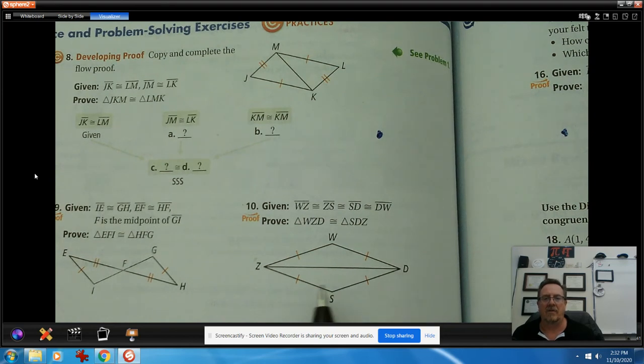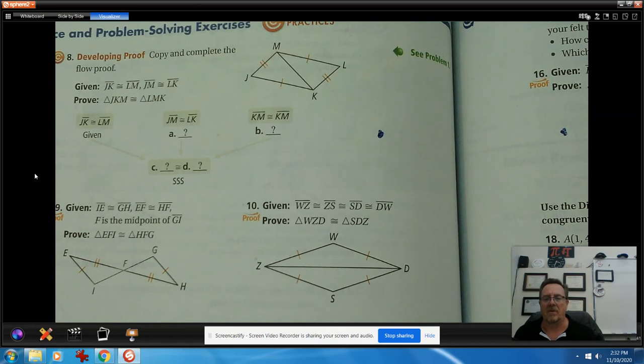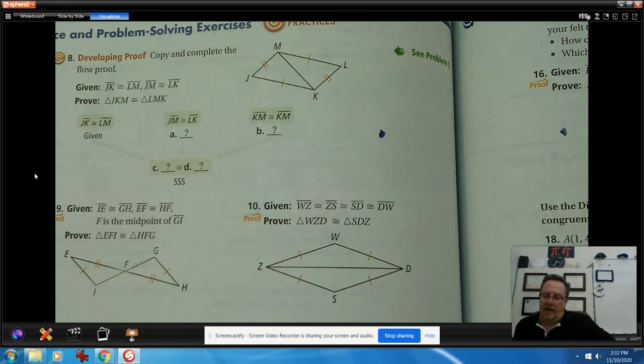And make sure then that you're showing side ZD to side DZ. And finally, show side WD is congruent to side SZ. Those have to be set up in that way when you do your proof. Right? Okay.